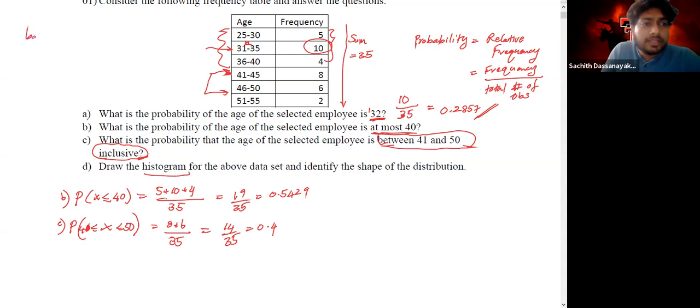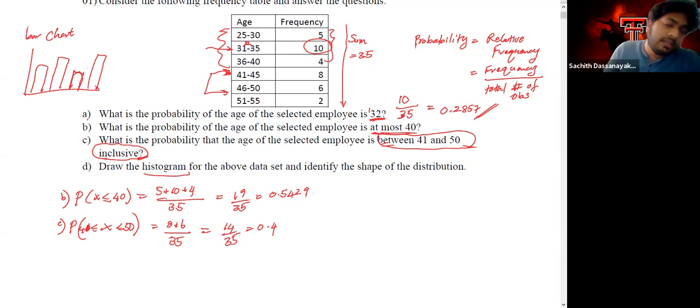For bar charts, you can see these rectangular bars, and there is a gap between these bars. But in a histogram there is no gap.